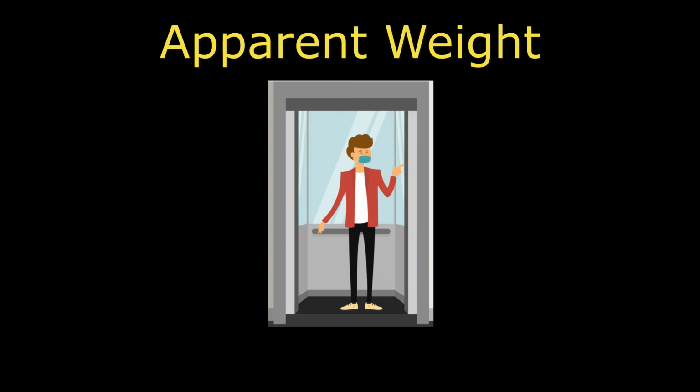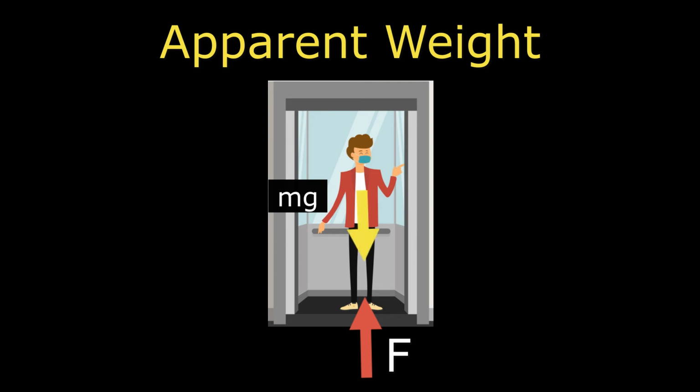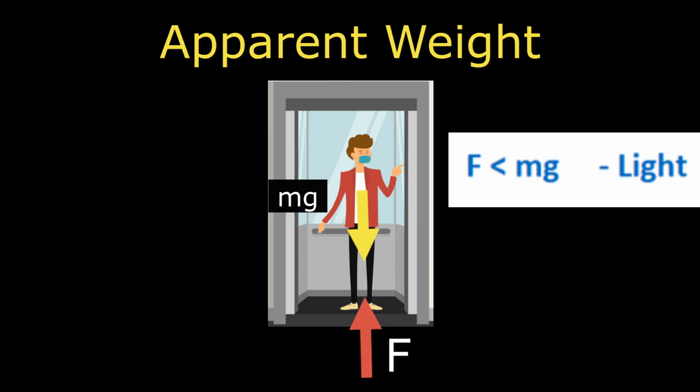So the motion of an elevator can give rise to an apparent weight that differs from our true weight. But why? Well, the sensation of weight is due to the force exerted by the floor of the elevator on your feet. If this force is greater than your weight, mg, you will feel heavy. On the other hand, if this force is less than mg, you will feel light.